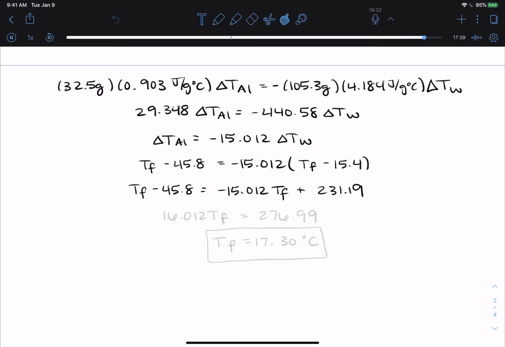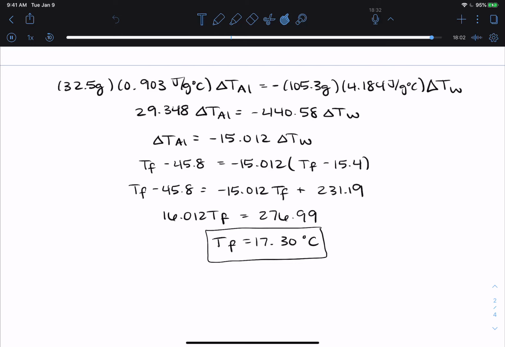Now I can combine terms, and 16.012 T final is equal to 276.99. My T final is 17.30 degrees Celsius. And so this is where you can ask yourself if the answer makes sense.